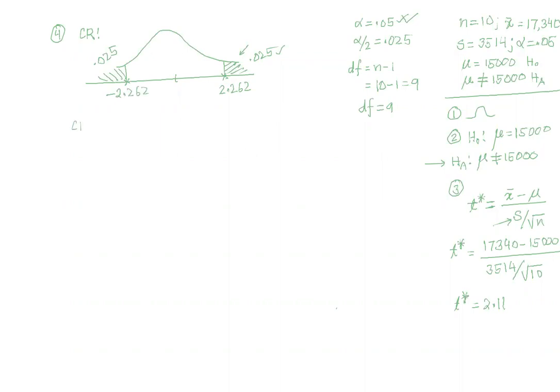So your critical region should be negative infinity to negative 2.262 union 2.262 to positive infinity. Okay.